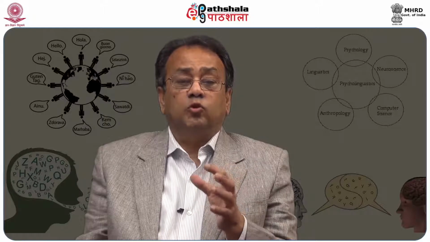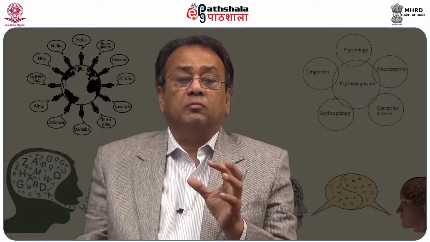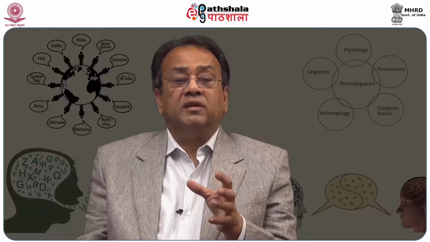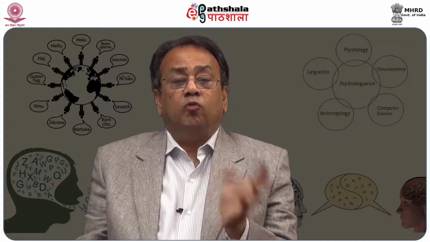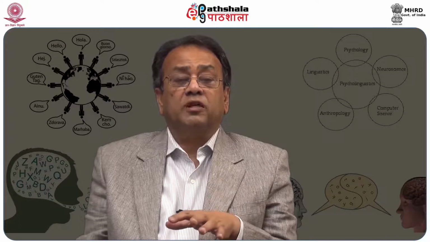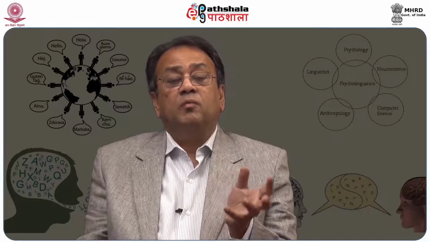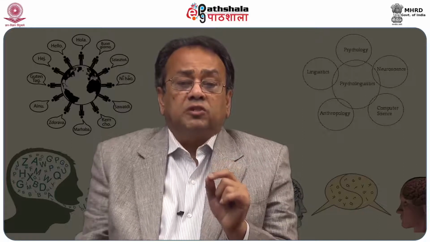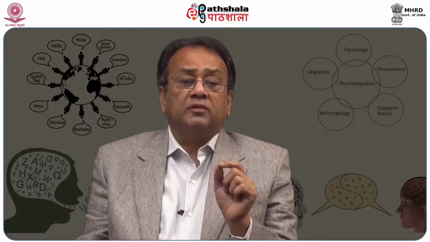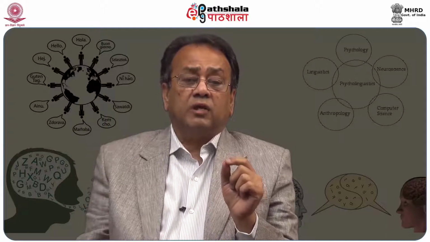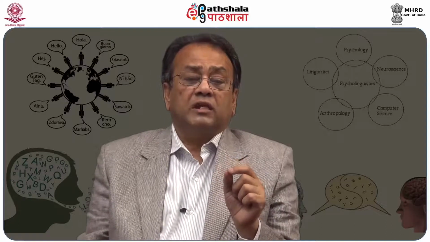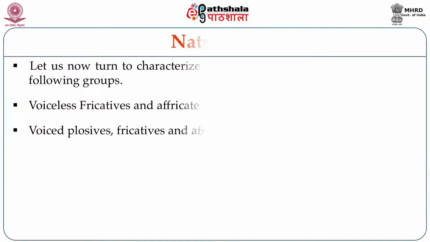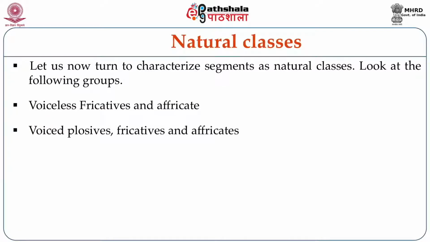They will exclude plosives because plosives are minus delayed release. They will exclude voiced fricatives or voiced affricates because they will have the feature plus voice in them. So using these distinctive features helps us to characterize natural classes, and at the same time to identify precisely the segments in the language that undergo a certain rule or process.